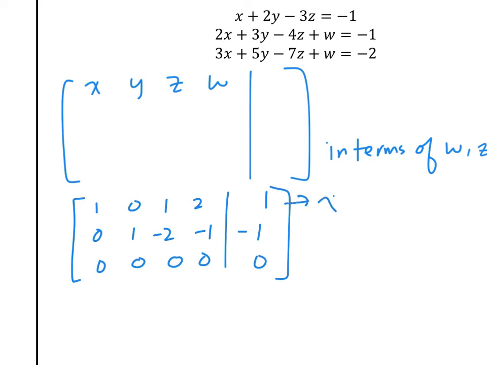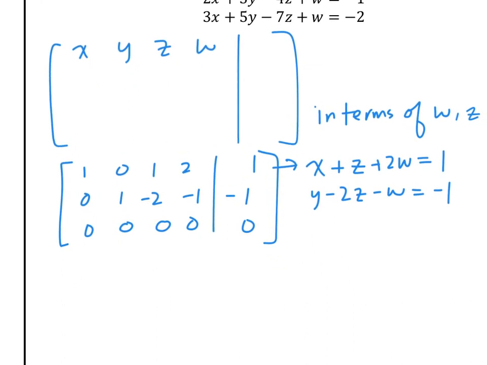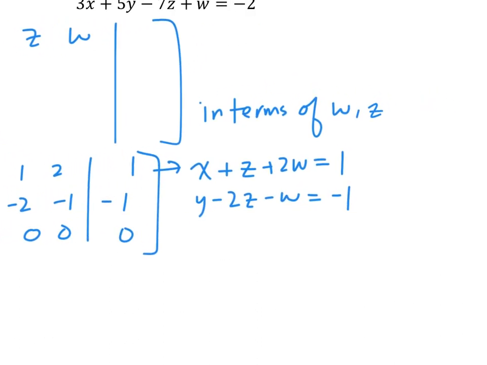So this means X plus Z plus 2W is 1. And then Y minus 2Z minus W is negative 1. So since we have only two equations, that means we gotta let two variables be by themselves. So let's make W and Z the independent ones.